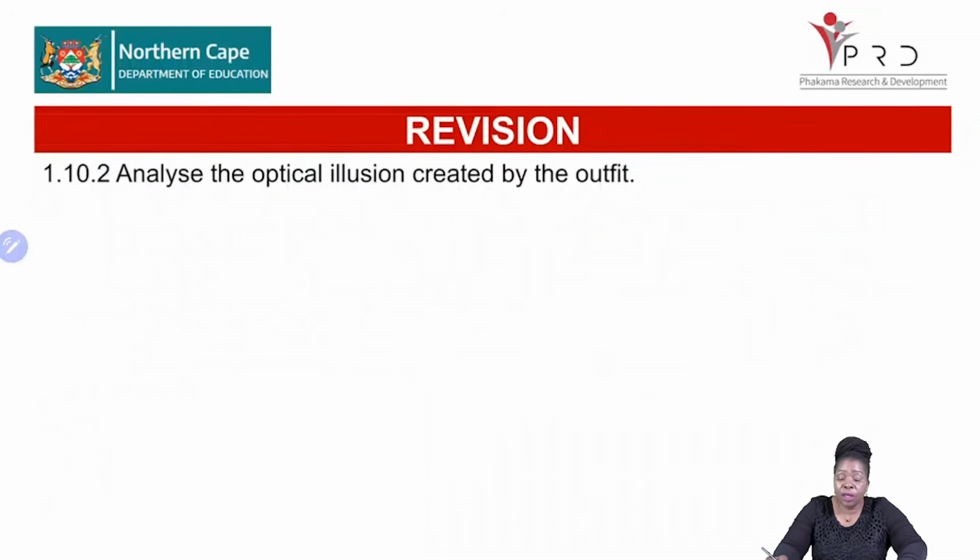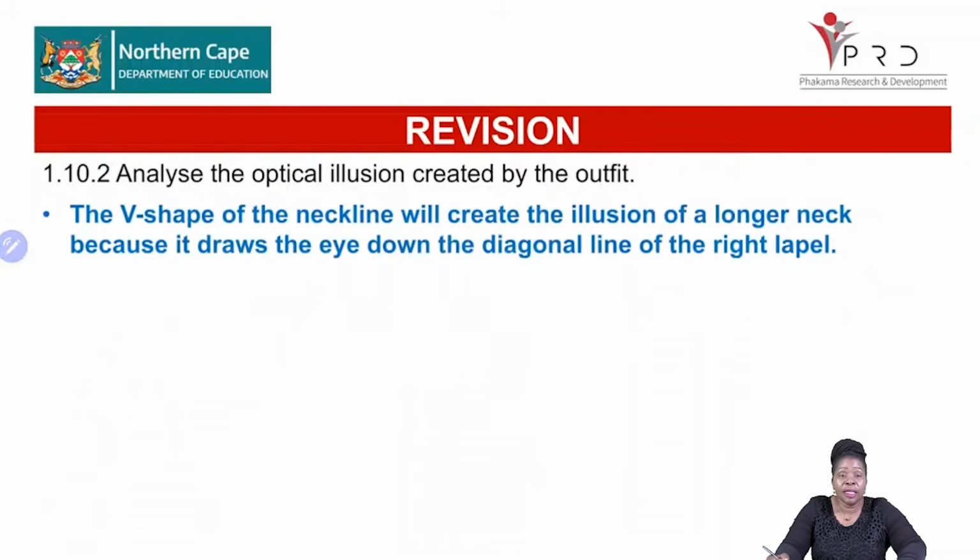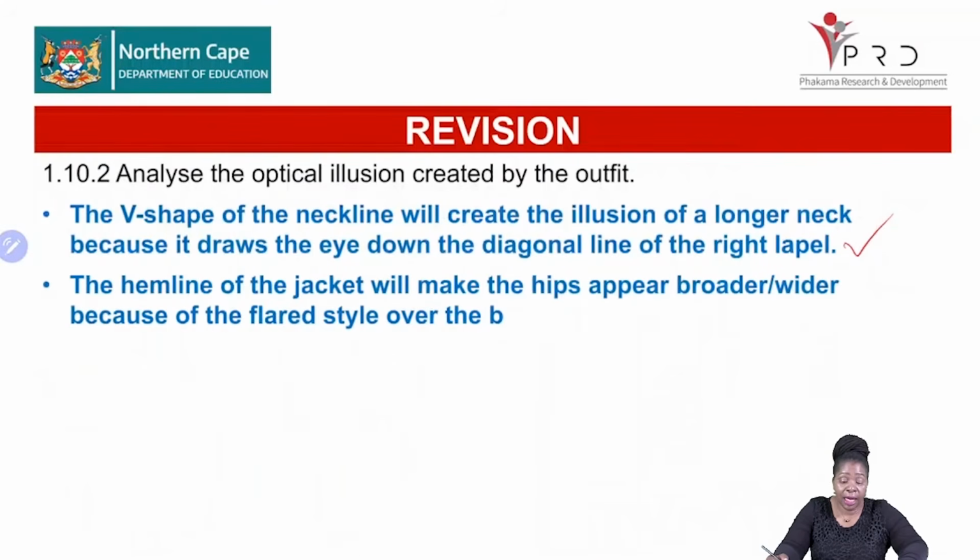And then we move on with the optical illusions created by the outfit. The V shape on the neckline will create the illusion of a longer neck because it draws the eye down the diagonal line of the right lapel. And also the hemline of the jacket will make the hips appear broader, wider because of the flared style over the hip line, right?